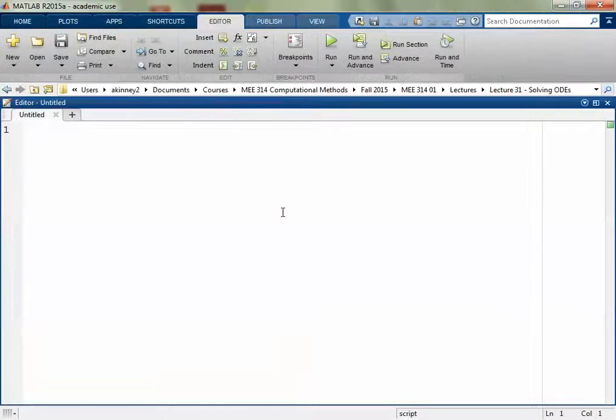So I'm going to open up a new script, and I'm going to do my housekeeping tasks up here at the top. And then when we wrote our script last time, we had to set some things up before we got into our for loop for our Euler's method.